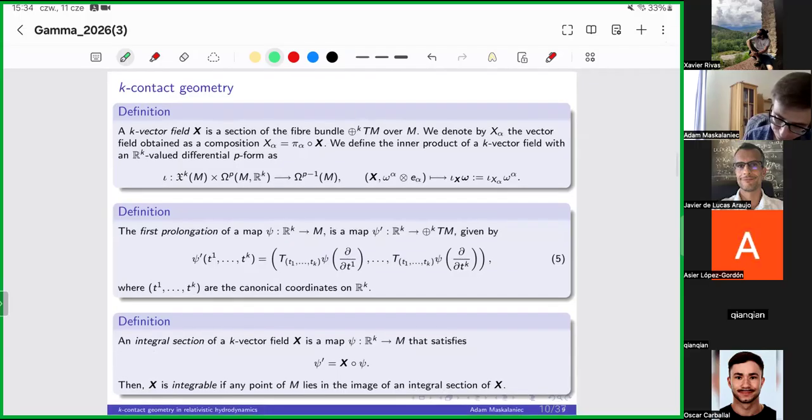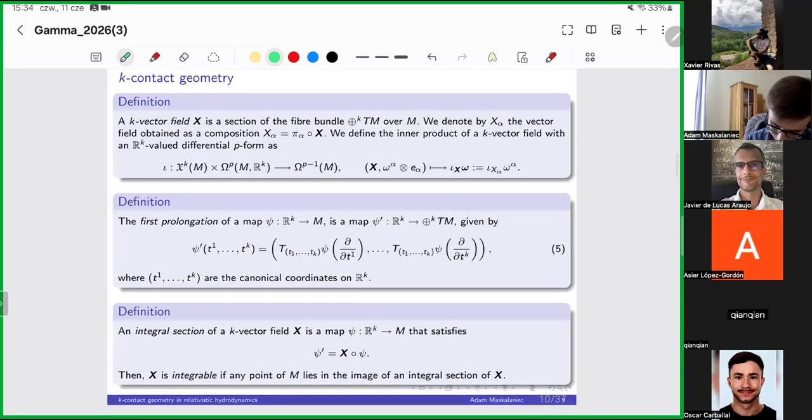And every such field admits a so-called first prolongation, namely a k-vector field that is defined in a way that we apply this tangent map of psi to the distinguished coordinate vectors on R^k.